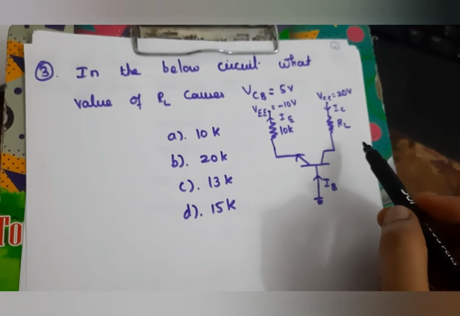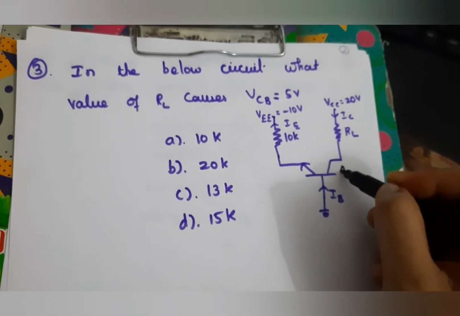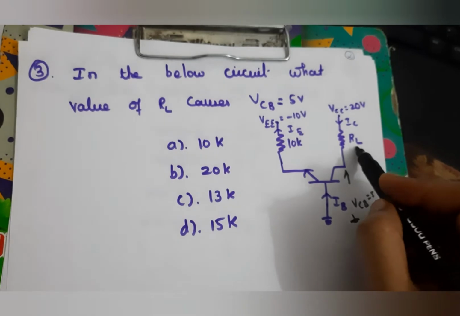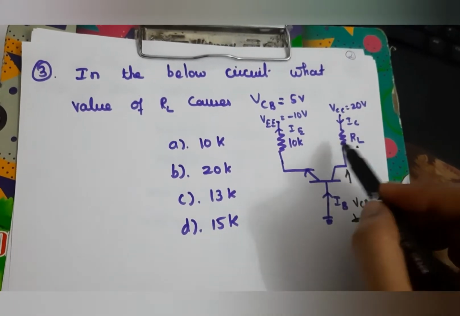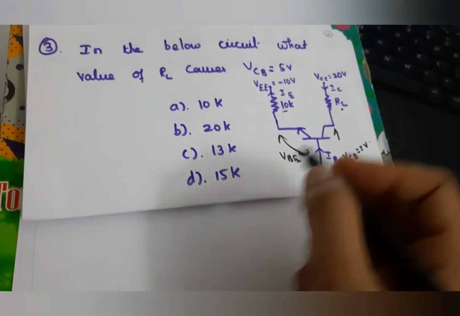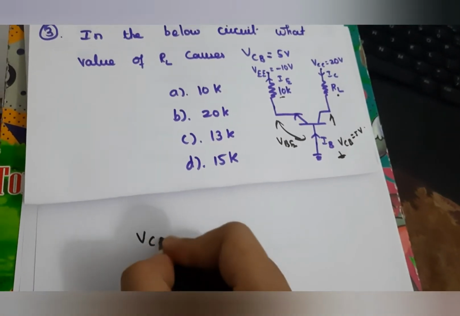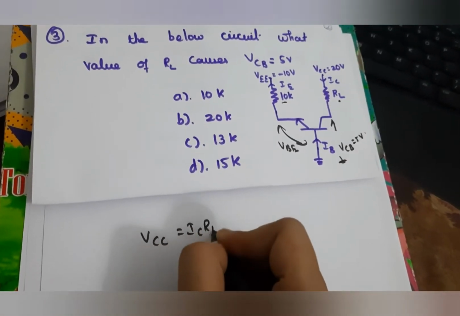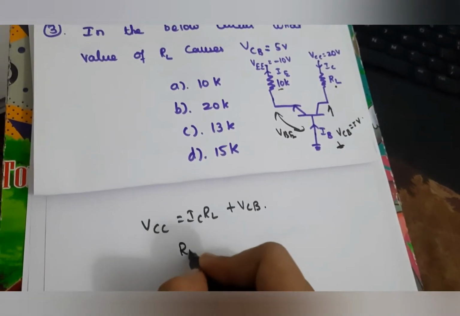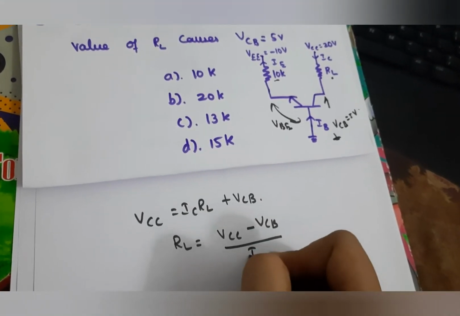Next question, in the below circuit, what value of RL causes VCB equal to 5 volt? So this is VCB, that is equal to 5 volt. We have to find that RL value. So first consider this loop with RL. Using this loop, VCC is equal to IC RL plus VCB, and from that RL is equal to VCC minus VCB divided by IC.